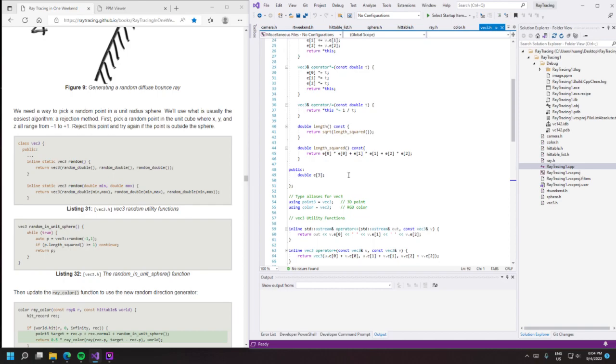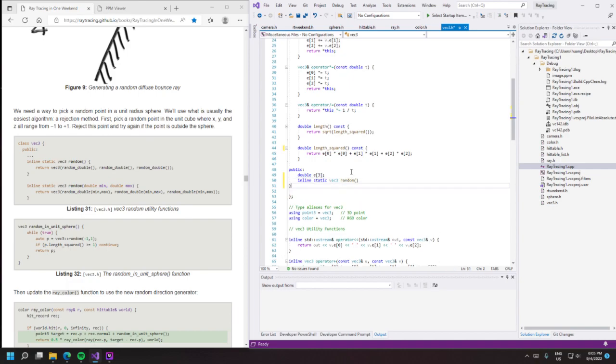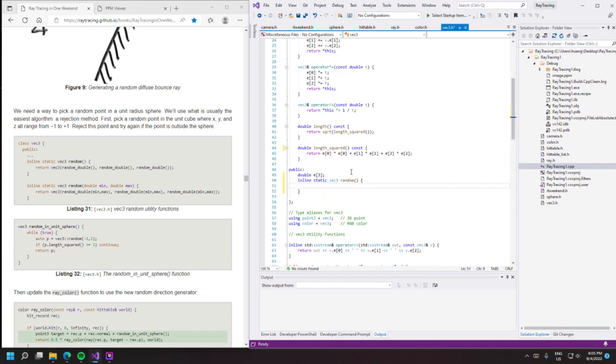Okay, so we are going to write some method for vec3, random. Well, I think this random is just finding random coordinates. The random double is a method that we defined in the header with a lot of utility functions.